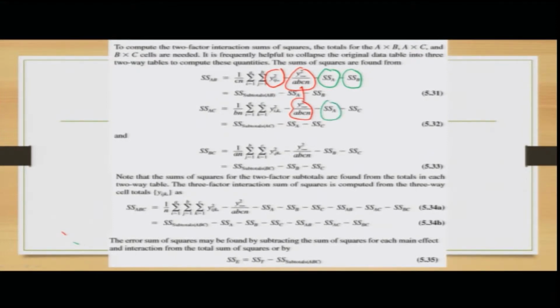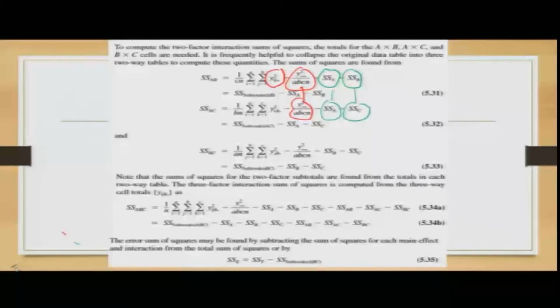So, SSA remains same, SSB is replaced by SSC because it is now a combination of A and C, and in the extreme left, the term onto the right hand side of the equality would be, let me use another color, well, let me continue the highlighted one.